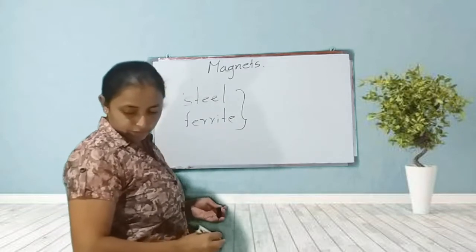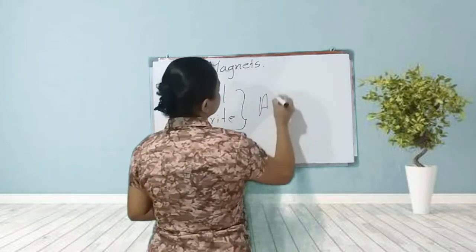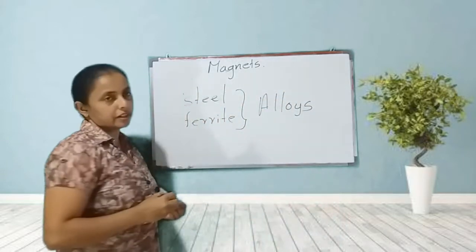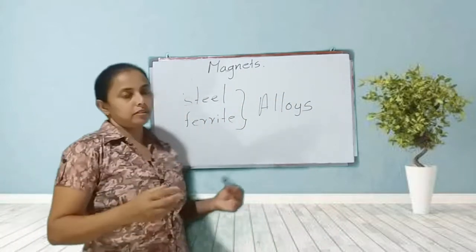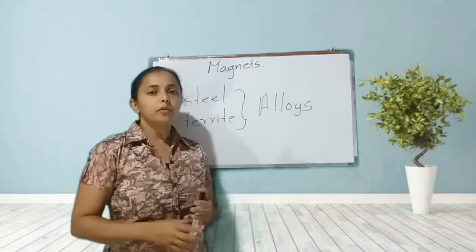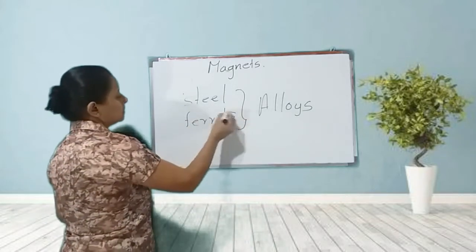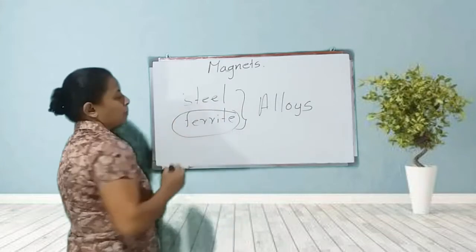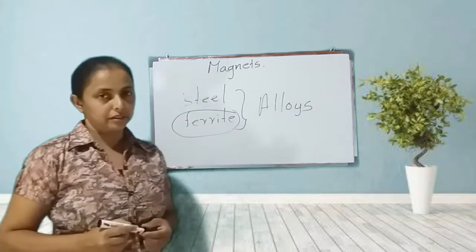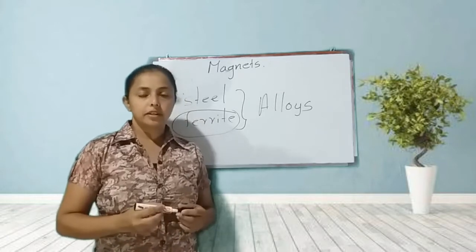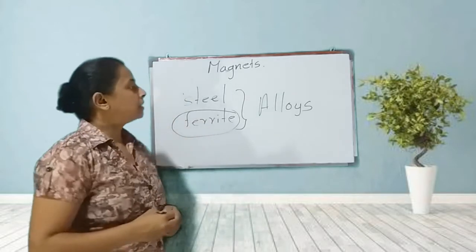Ferrites are alloy materials. The most powerful magnets are made from these alloys, ferrite.